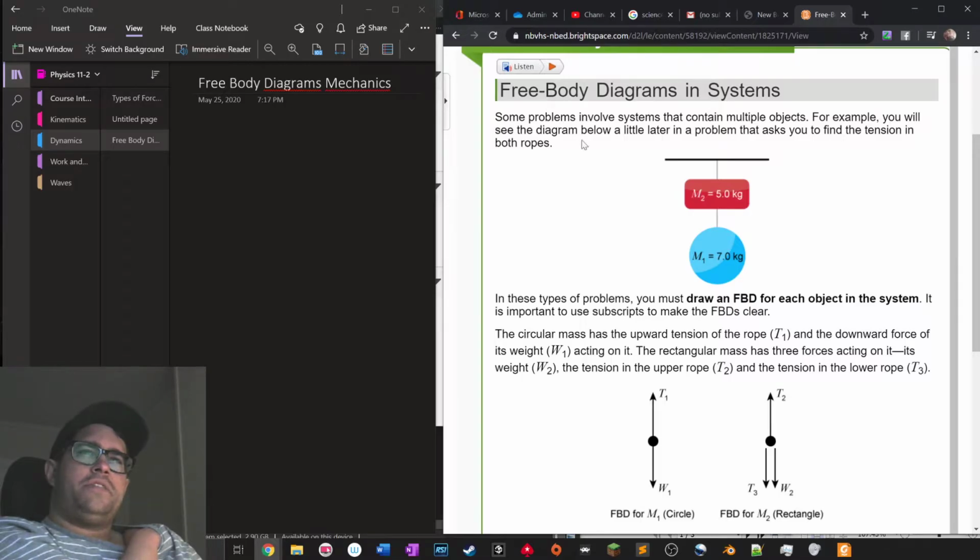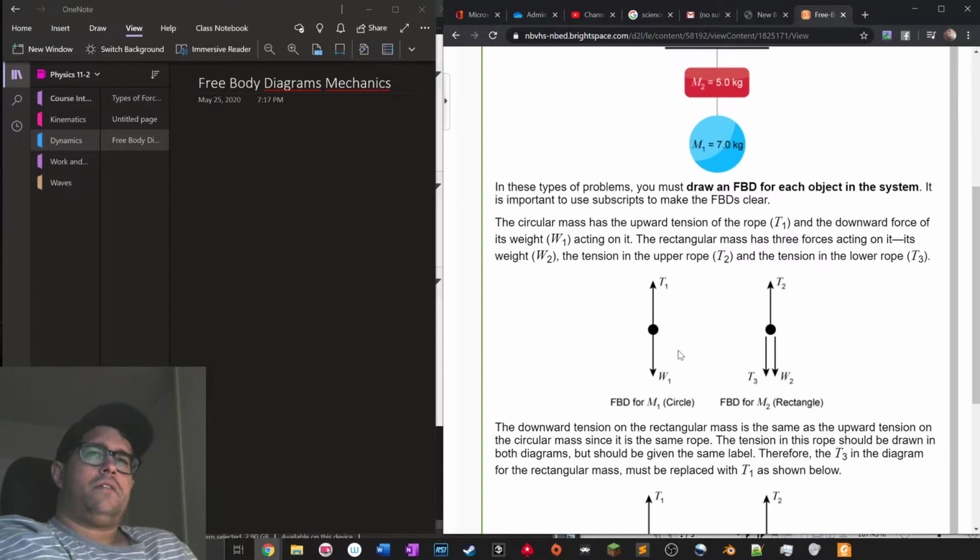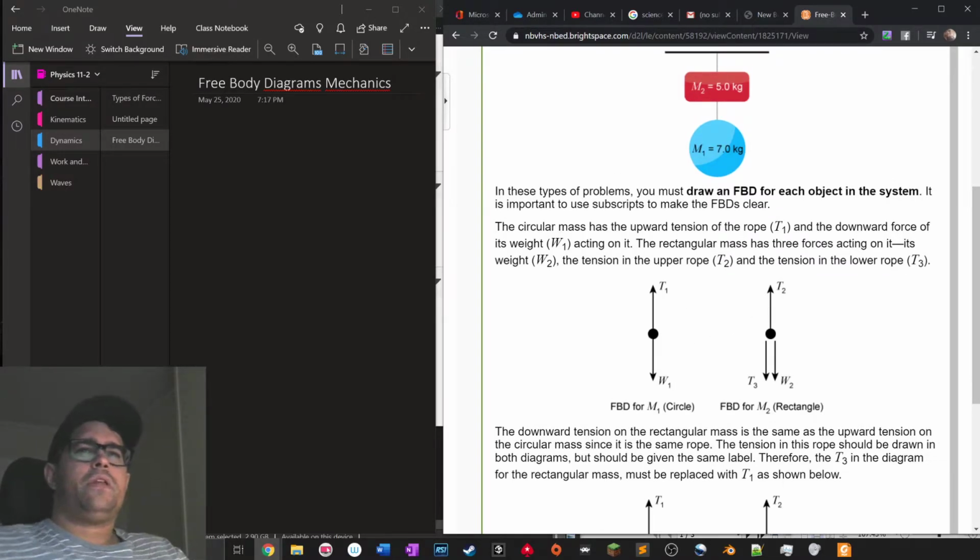A free body diagram in systems. So we have two masses. So this is one diagram for the first mass, second diagram for the second mass. So mass 1, there's weight and tension. And they're equal. So we call it weight 1, tension 1.